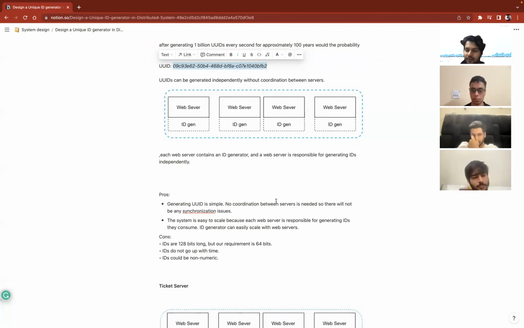So next time when you use a distributed system, you'll know, okay, I have this many containers for my service. Every container will have its own ID generator and they will have their own unique ID. If it's just a matter of storing this in memory for a short term, it's okay, because a collision will happen once in a billion years, and I believe my system will not last that long.